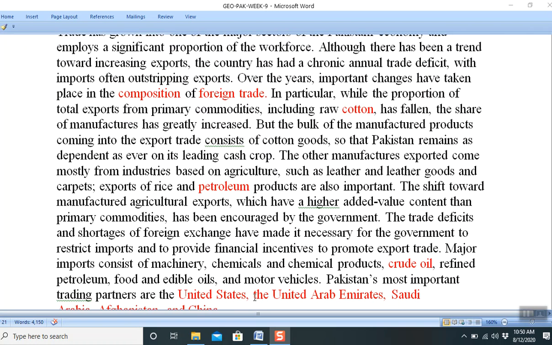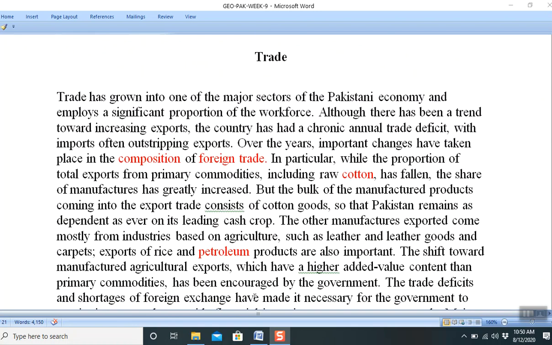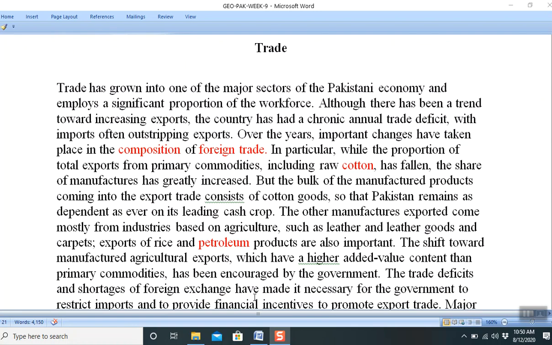In this paragraph, it is clear that the Pakistani economy is not fully free and independent. They are all dependent. Fine. Mainly Pakistan would produce the cotton products, some of the agriculture products.